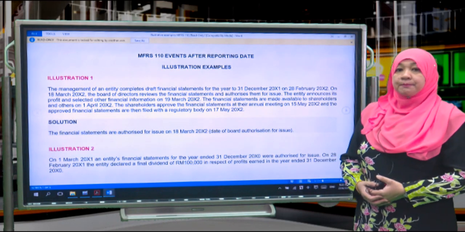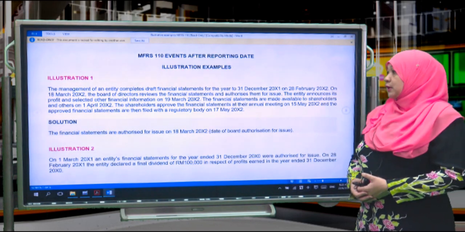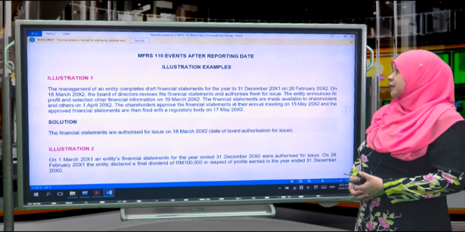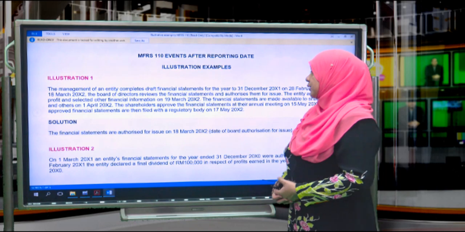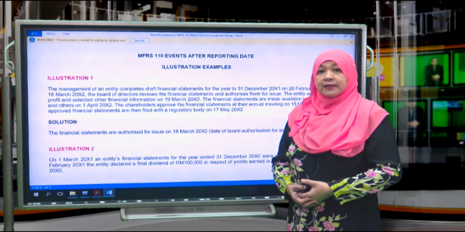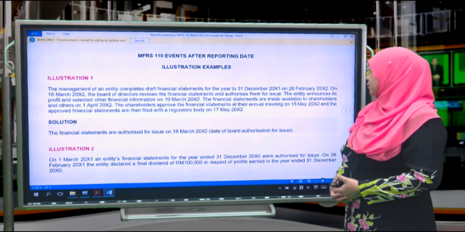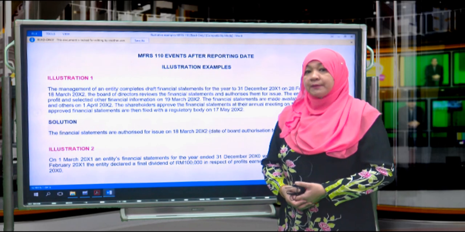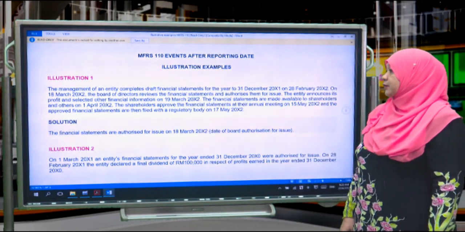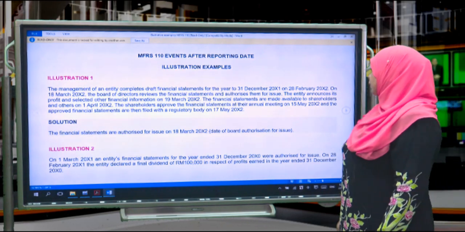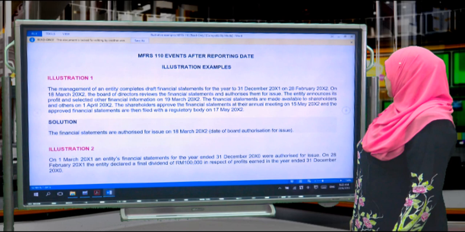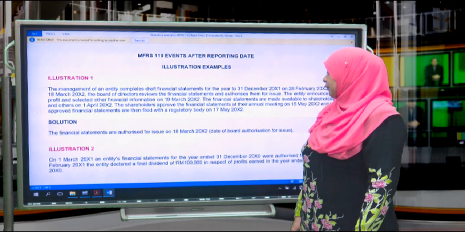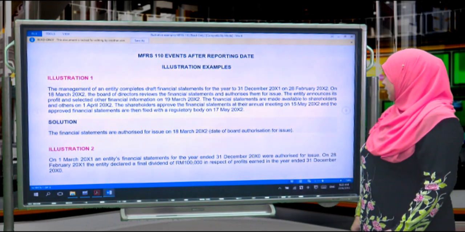Upon review on 18 March 2002, the board of directors authorized the company to issue the financial statements, and subsequently they also announced the profit and selected other information on 19 March 2002, and the financial statements were made available to the shareholders on 1st April 2002. The shareholders approved the financial statements at their annual meeting on 15 May 2002, and the approved financial statements were then filed with the regulatory body on 17 May 2002.